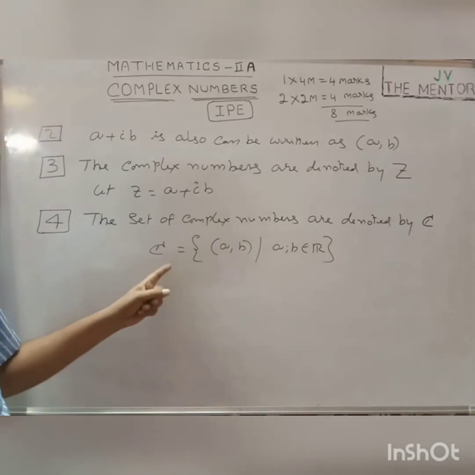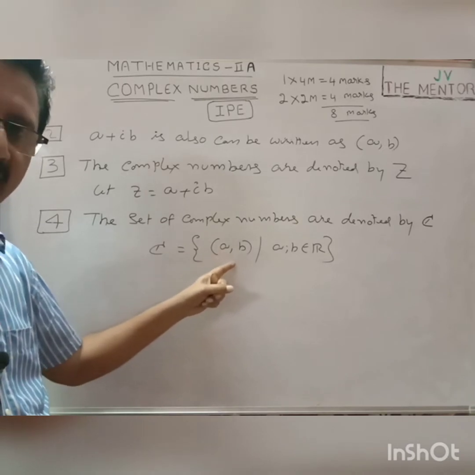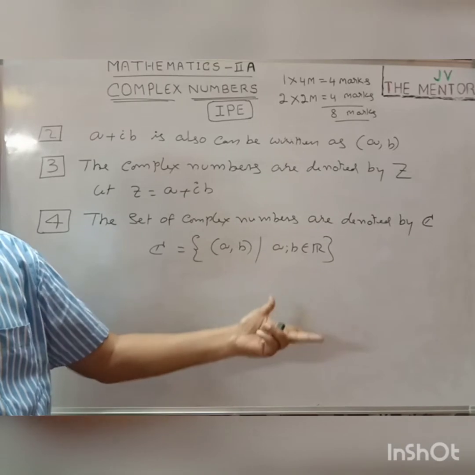So the set of complex numbers equals the set of ordered pairs (a, b) such that a and b are real numbers.